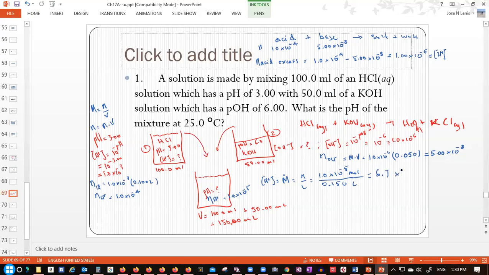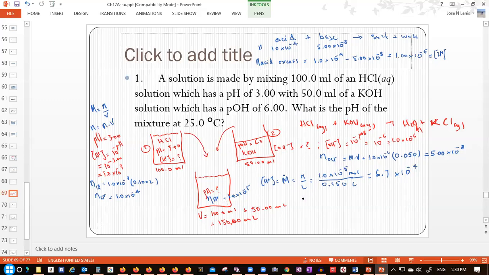I didn't round off this number during the calculation, so we don't carry errors. That's why I got that number. So that's the final concentration of H plus after neutralization.